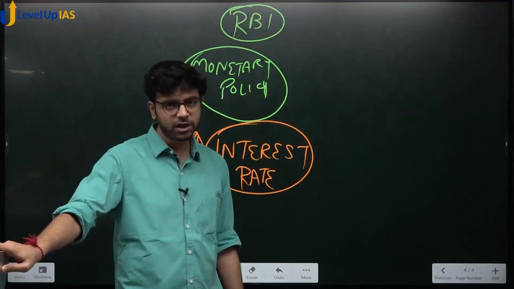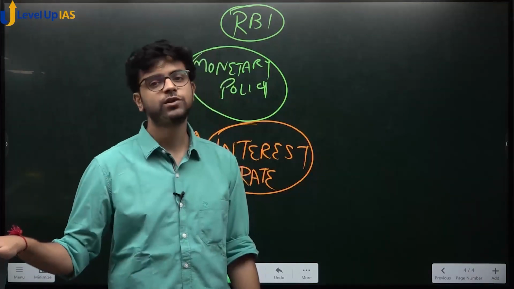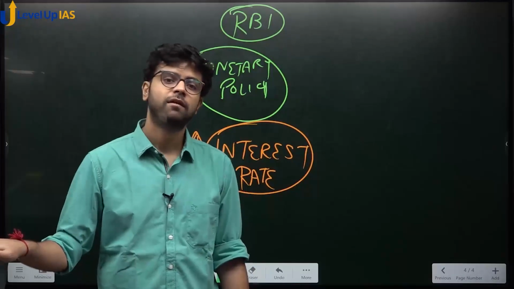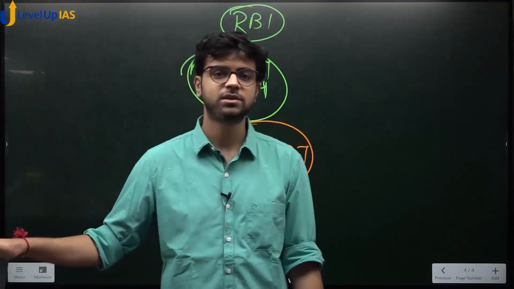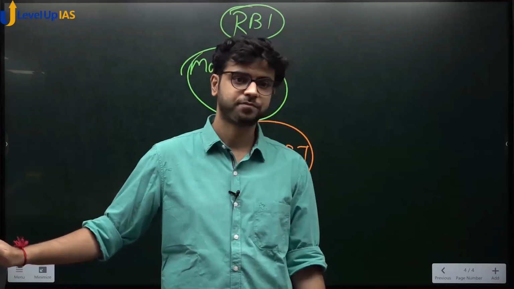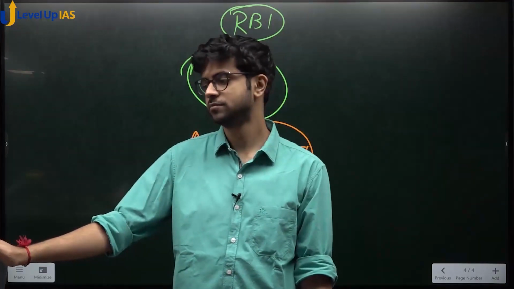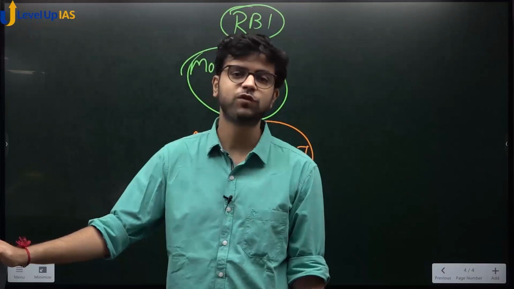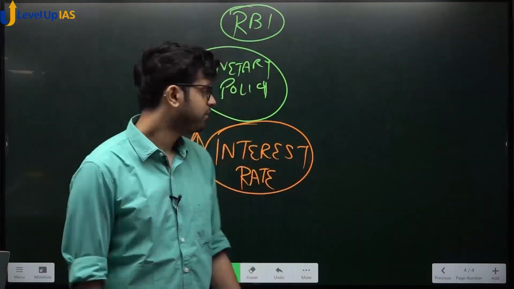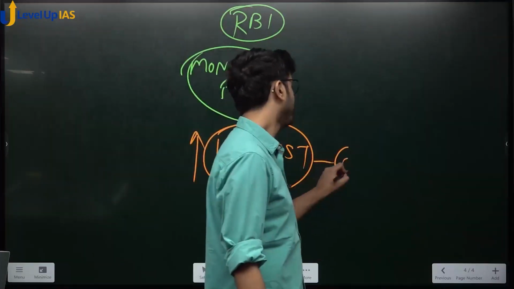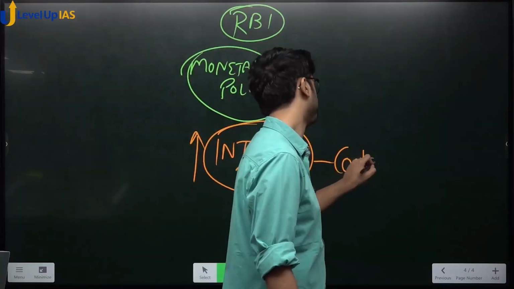Hence its consumption, its use becomes less. And when its use becomes less, what happens? Expansion of the economy happens or contraction of the economy happens? Contraction happens. Yes or no?